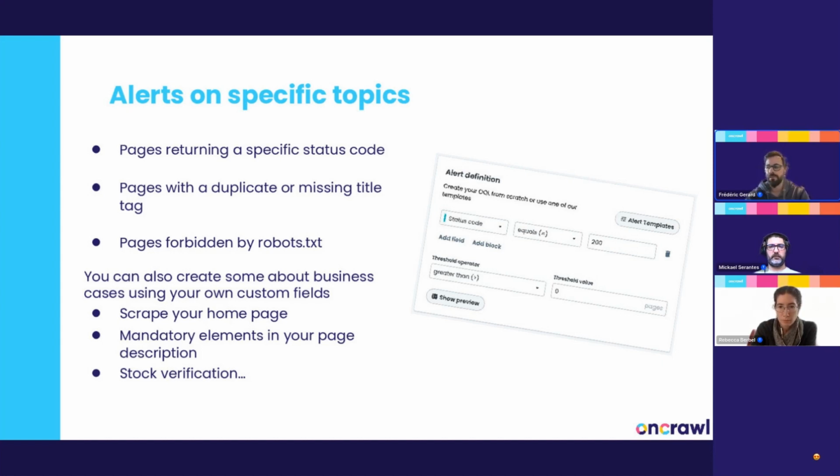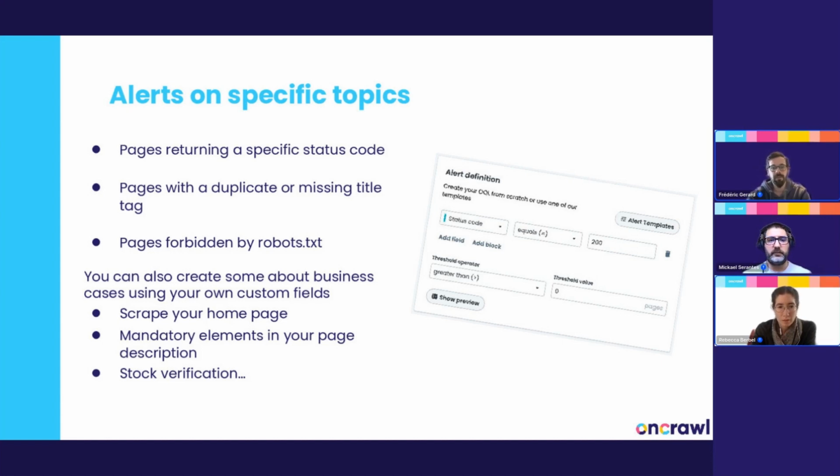The limit is approximately 100 in your account, so you can go. You can also use, as I said, all the custom fields to follow specific parts of your business needs. Scrape your home page, have mandatory elements in a page description, for example, or use it for stock verification.